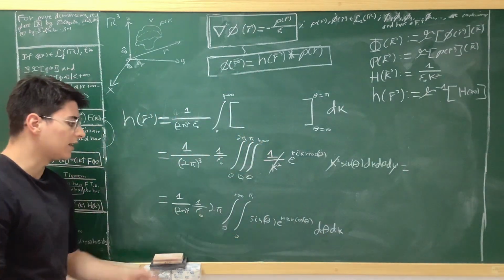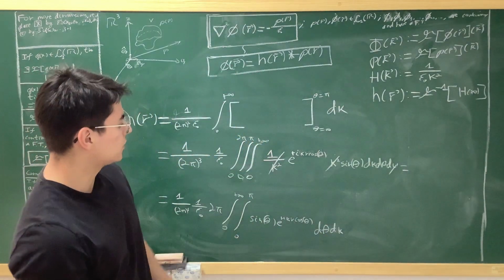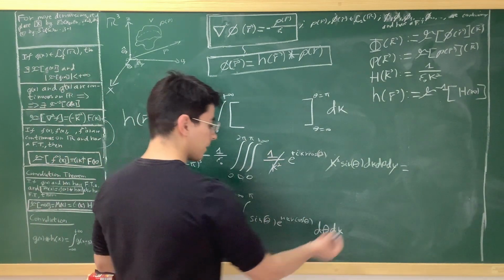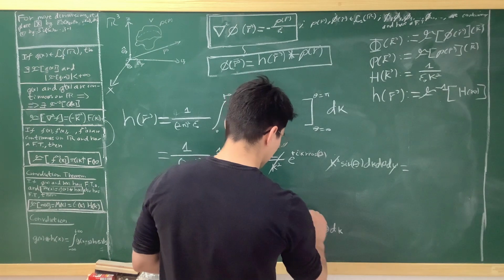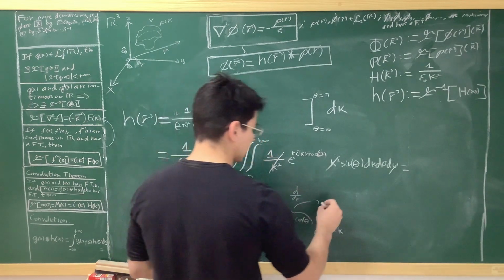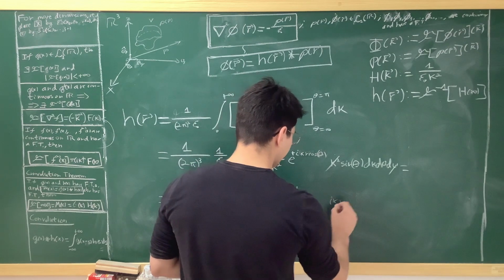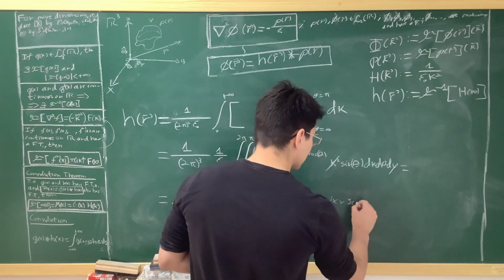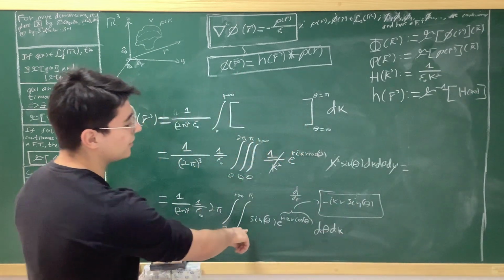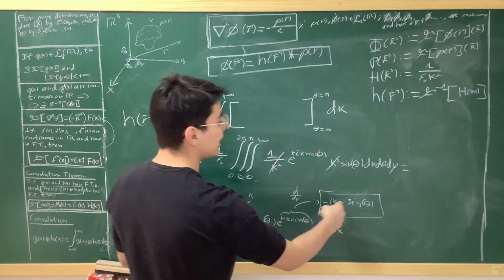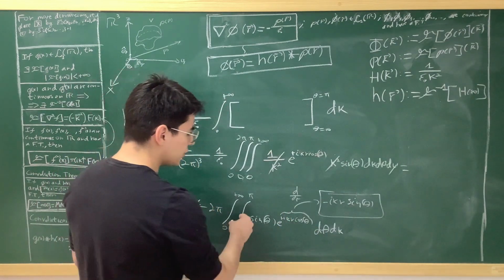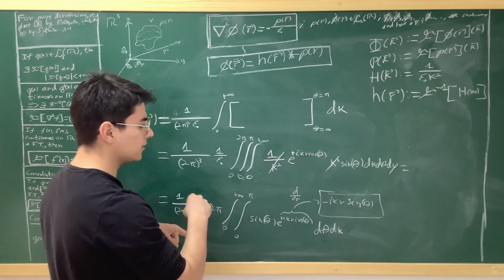Well, this integral is actually immediate. Why? Because on the exponent, if we take the derivative with respect to theta, just follow me, taking the derivative with respect to theta of this exponent, we get ikr times minus sine of theta. But here we just have sine of theta. Because ikr is constant in the theta world, we can just include it and divide by it.